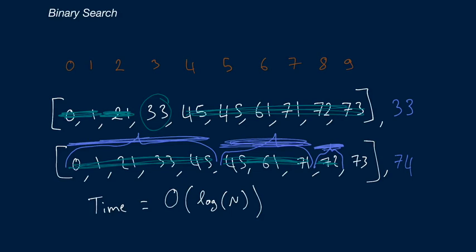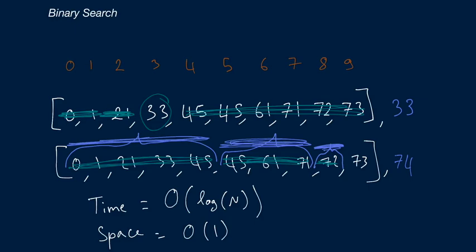Now, the space complexity is going to be fairly straightforward, though it does vary depending on how you implement this algorithm. If you implement binary search iteratively, which is how you should implement it, to be honest, it's going to run in O of 1 space, because you're never using additional memory to store stuff, right?